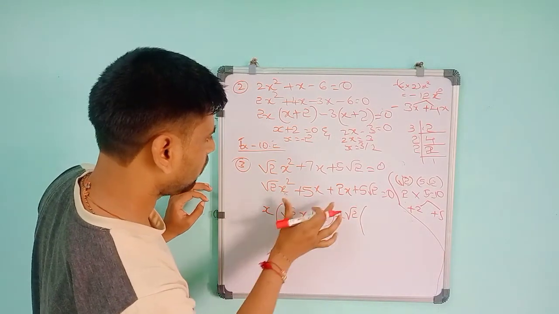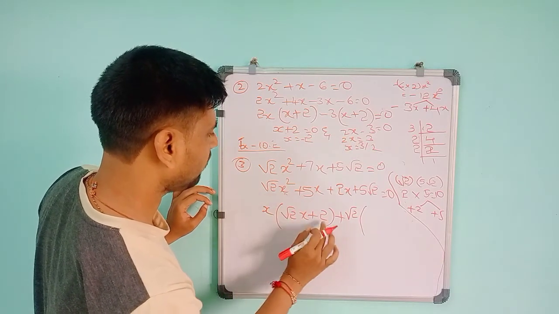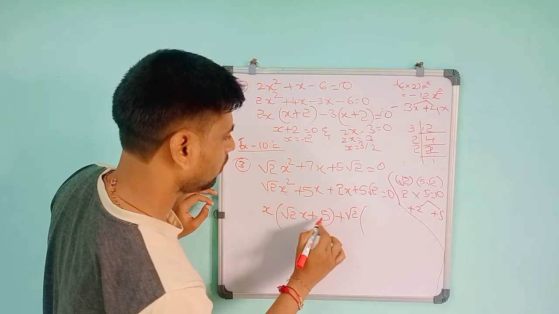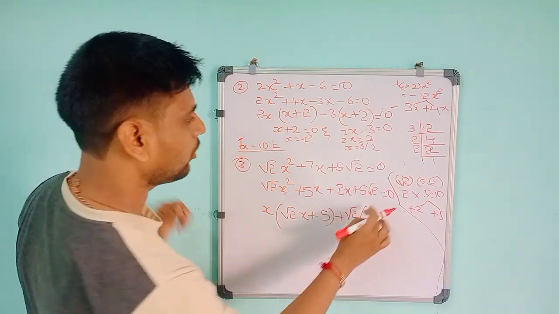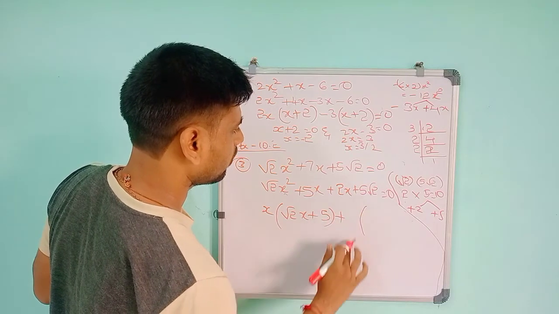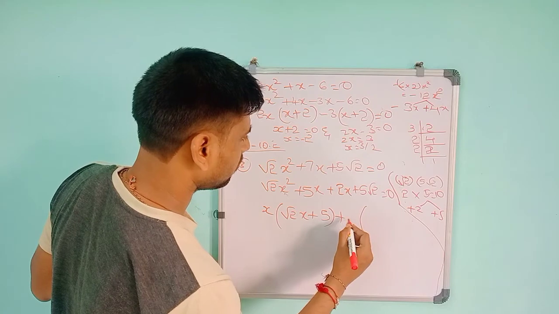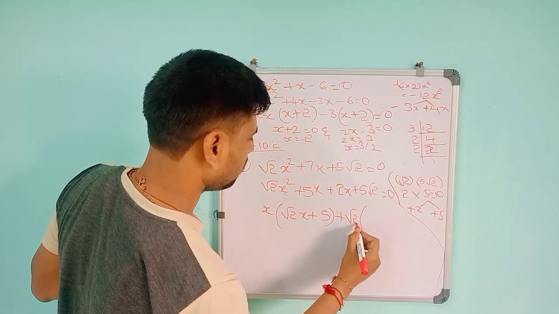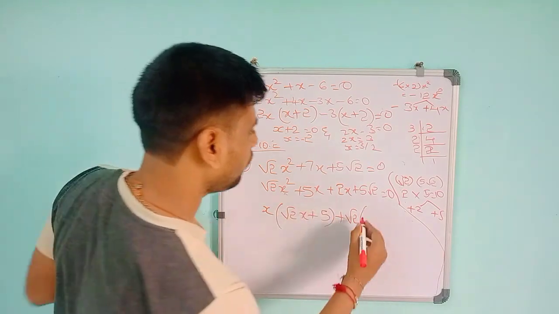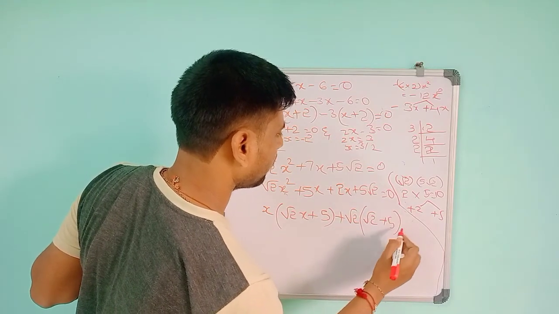Root 2 into, if we take root 2 h common here, h root 2h plus 5. So if you take 2 is there, root 2 is there, so you have to take root 2, 2h plus 5 root 2 is there. We can take here root 2 common, then root 2 is root 2 into x, root 2 plus root 2 is present, so root 5 is equal to 0.